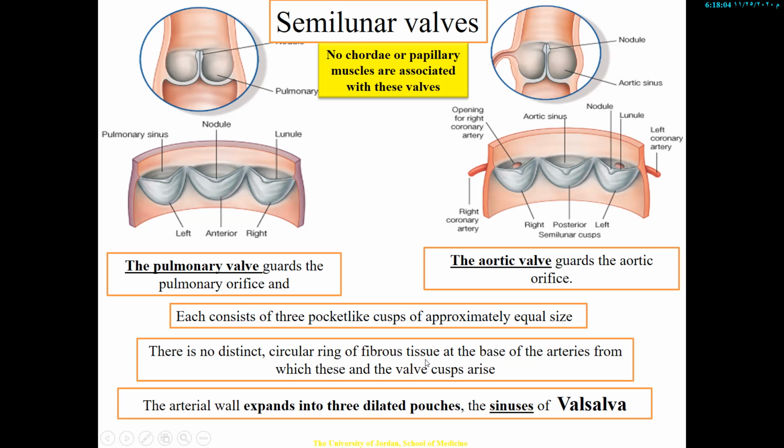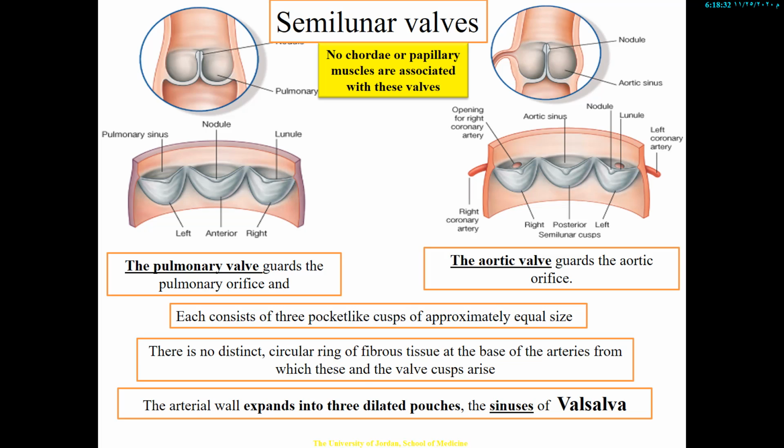So the basic structure in all valves is the same. We have a fibrous skeleton ring, and to that ring, cusps. However, the only difference between the atrioventricular valves and the semilunar valves, of course, is the associated chorda tendineae and the papillary muscles.